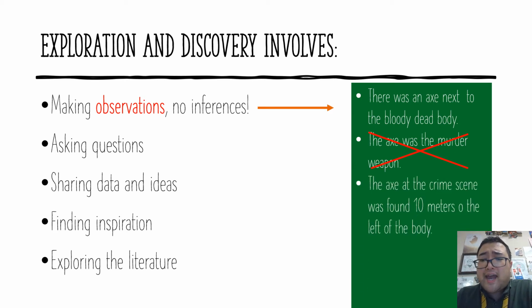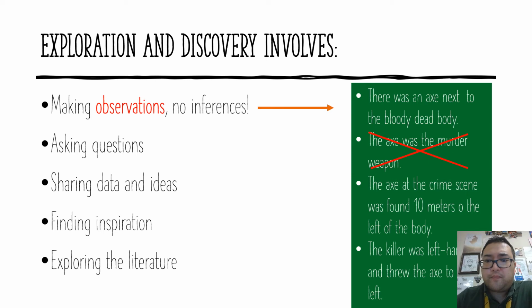Next one. The axe at the crime scene was found 10 meters to the left of the body. So again, we're describing in detail the position of the axe, so 10 meters to the left. Last statement: the killer was left-handed and threw the axe to the left. So this here is an inference. Again, we don't know the killer's hand dominance.